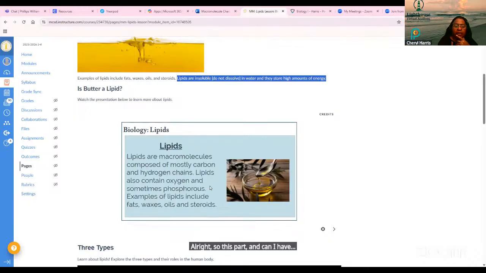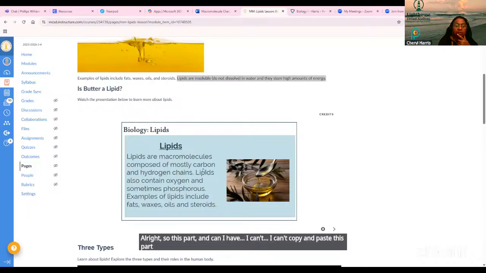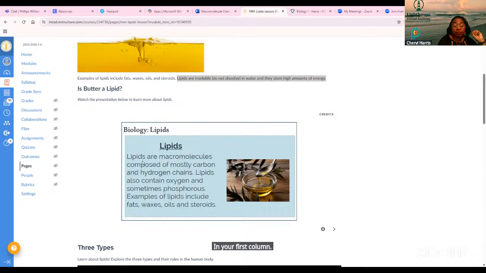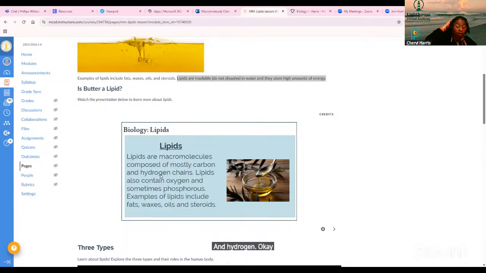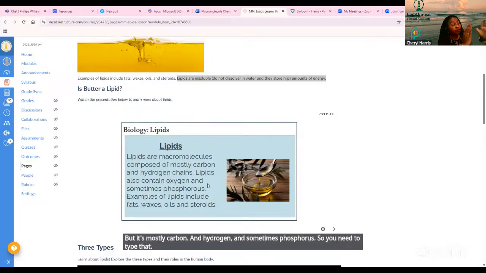I can't copy and paste this part, but you need to put this first sentence in your first column. Like I have for the other ones, this is made up of carbon and hydrogen, a lot of carbon and hydrogen. It's got a little oxygen in it, but it's mostly carbon and hydrogen and sometimes phosphorus. So you need to type that in your first box.